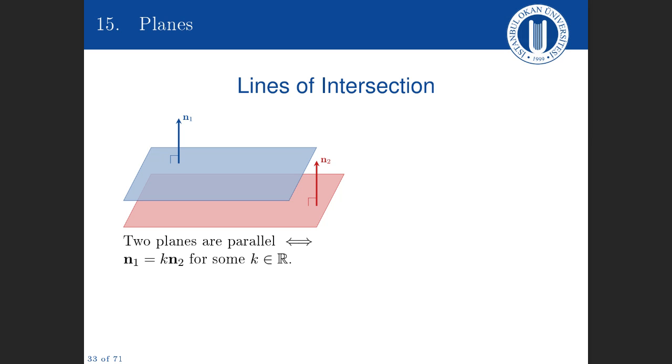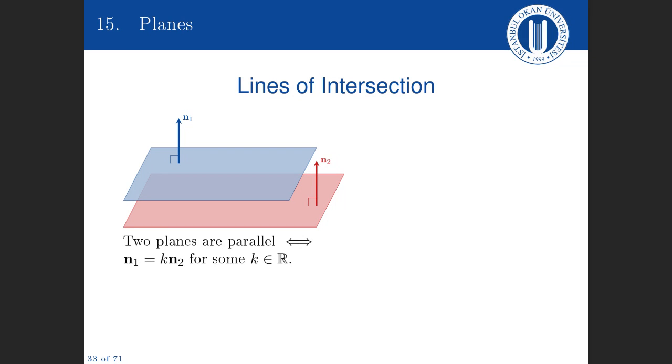My next idea is the idea of lines of intersection. Two planes are parallel if the normal vectors are parallel. In other words, if n1 is some number multiplied by n2, a real number k which is not 0.